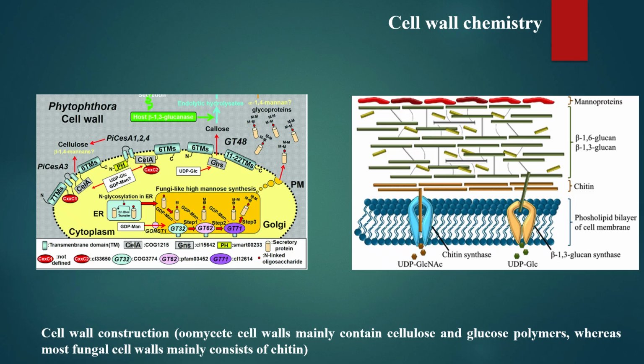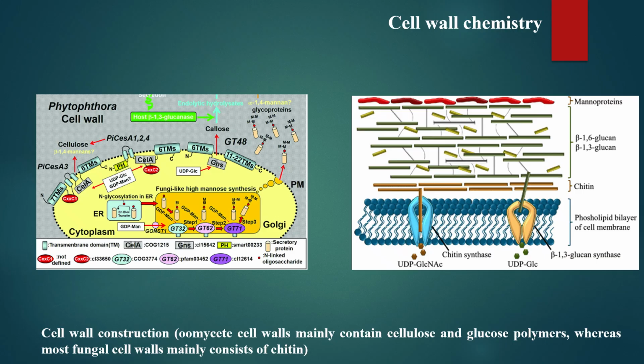Another important biochemical difference between Phytophthora and the true fungi lies in the composition of their cell walls, because the true fungi cell walls are primarily made of chitin, which is a strong nitrogen-containing polysaccharide also found in insects, and this chitin gives the fungal cell wall its rigidity and resistance to environmental stress.